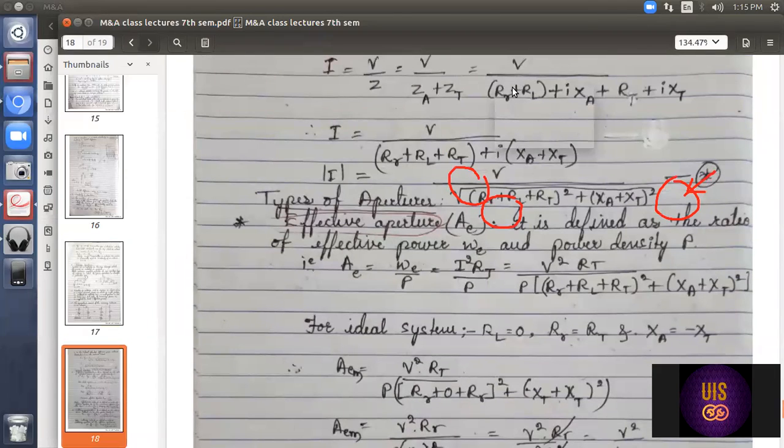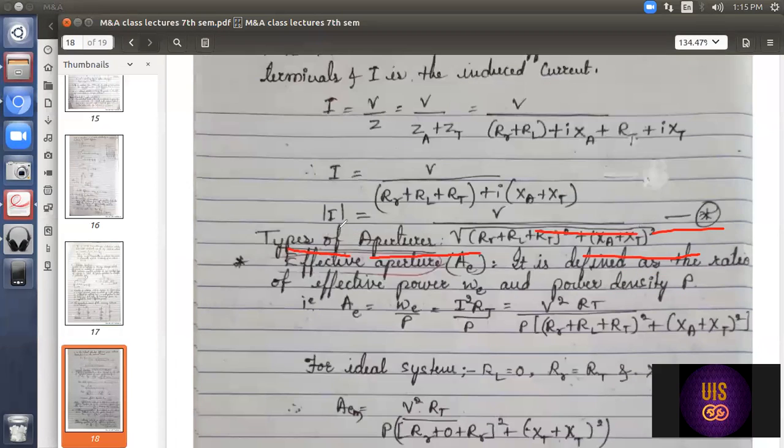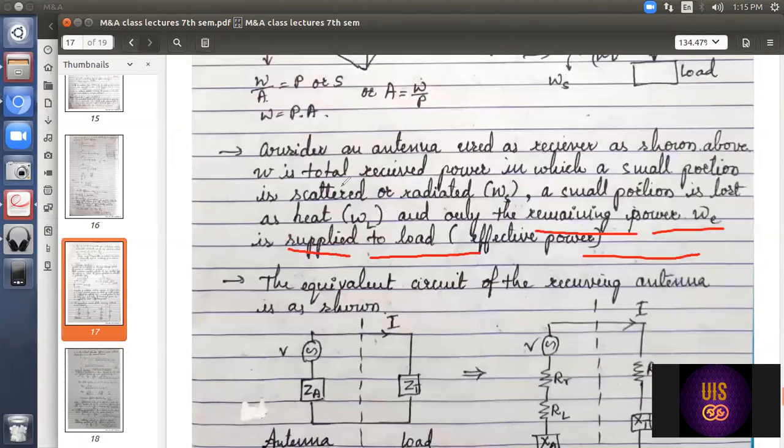How to get it? It is defined as the ratio of effective power divided by power density. How did I get this equation? Let me just show you why I have taken this.